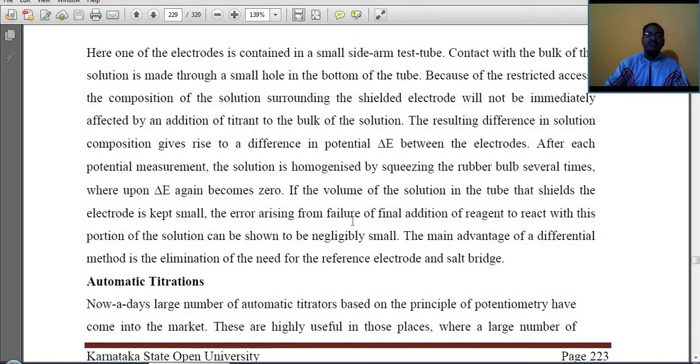After each potential measurement, the solution is homogenized by squeezing the rubber bulb several times, upon which delta E again becomes 0.